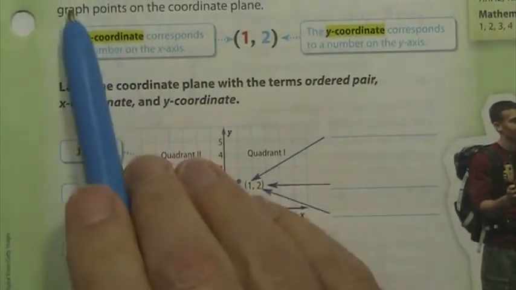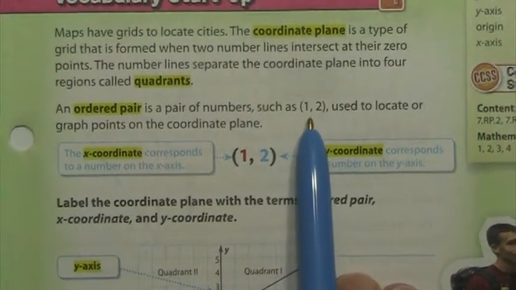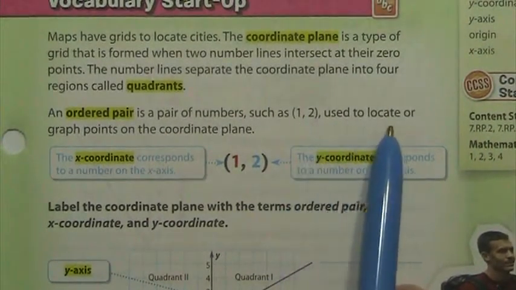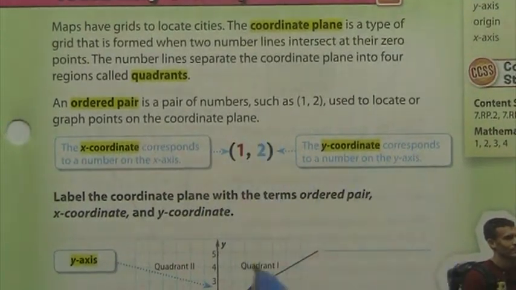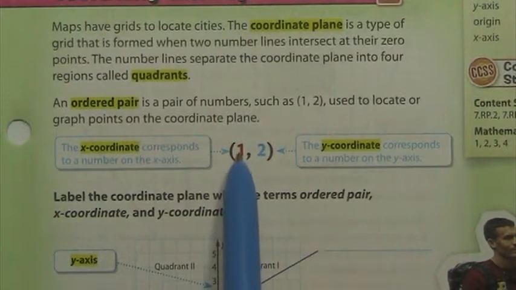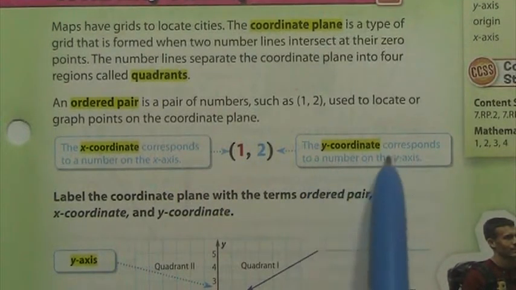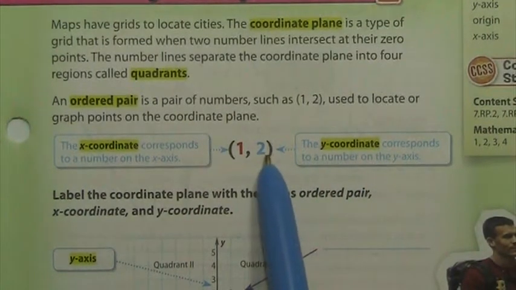All right, an ordered pair is a pair of numbers such as 1, 2. And that's used to locate or graph points on the coordinate plane. Notice here, the x-coordinate corresponds to a number on the x-axis. And the y-coordinate corresponds to the number on the y-axis.